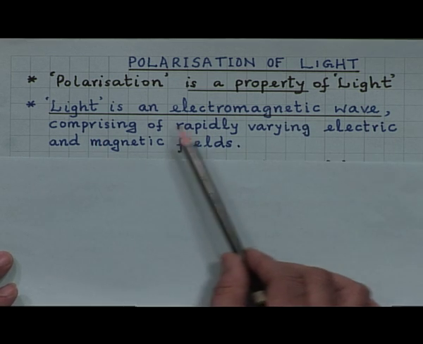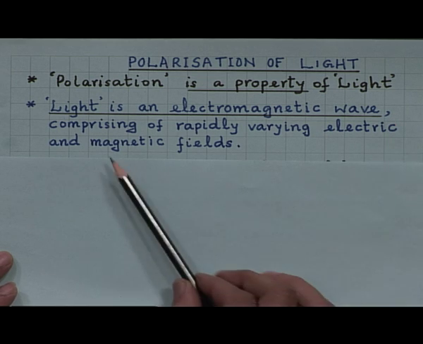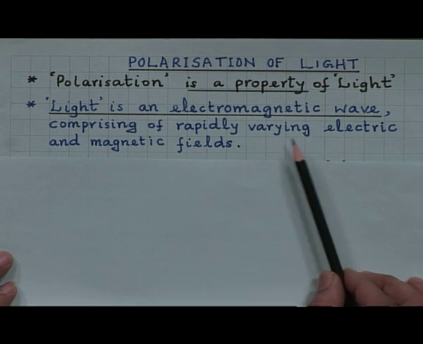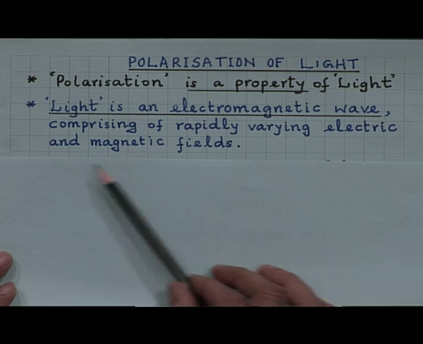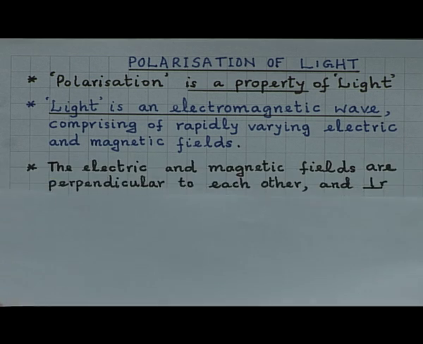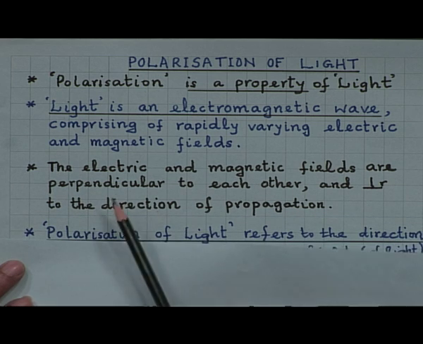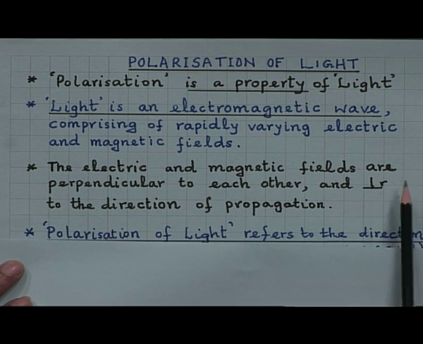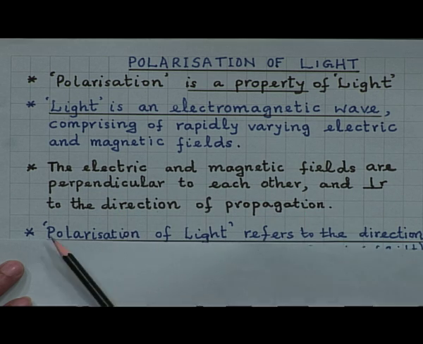Light is an electromagnetic wave comprising of rapidly varying electric and magnetic fields, and the electric and magnetic fields are perpendicular to each other and perpendicular to the direction of propagation. We have studied this in electromagnetic theory, EM theory.